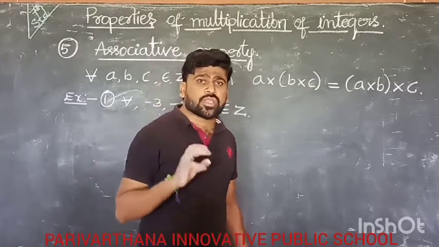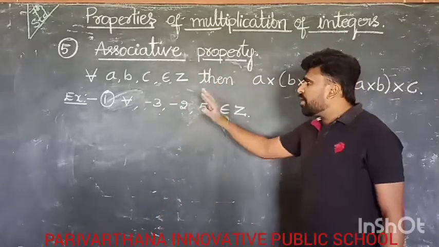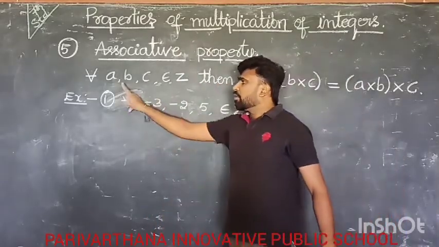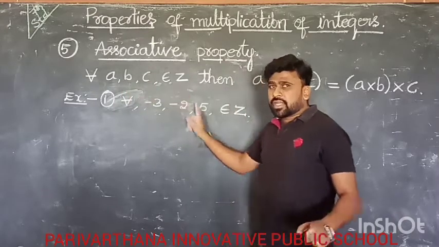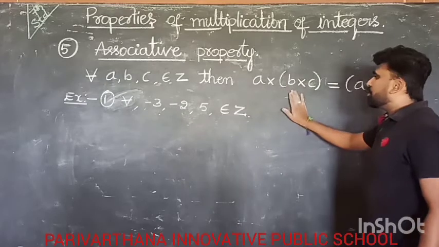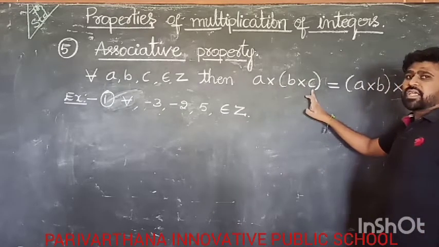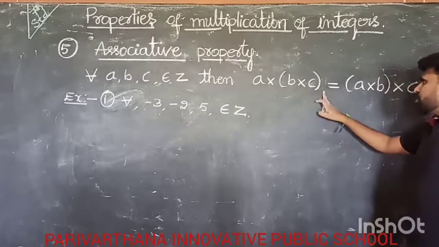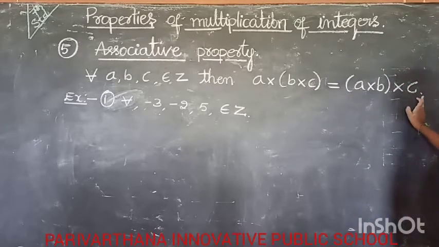This is associative property for three integers. Regarding multiplication also, a, b, c belongs to Z. That means a into of b into c is equal to a into b of into c.